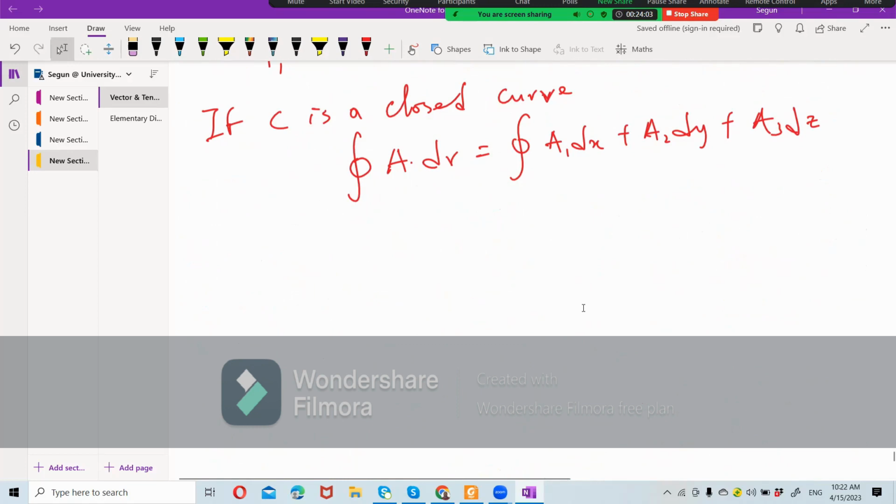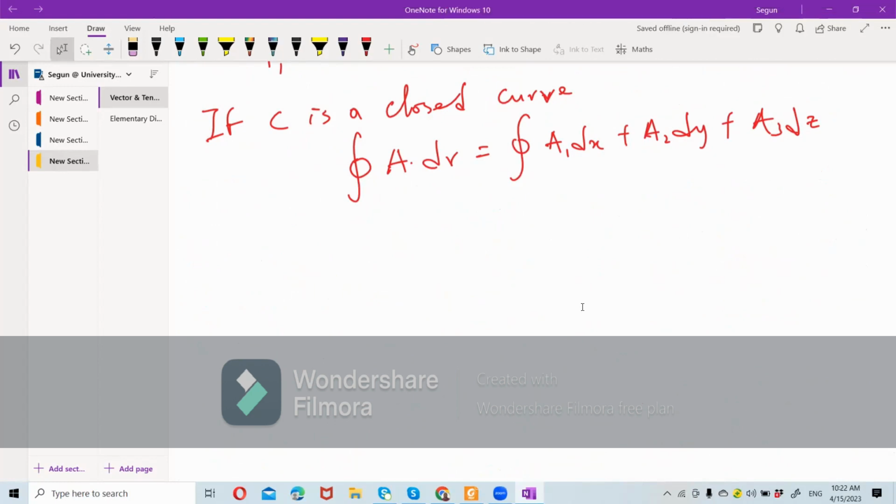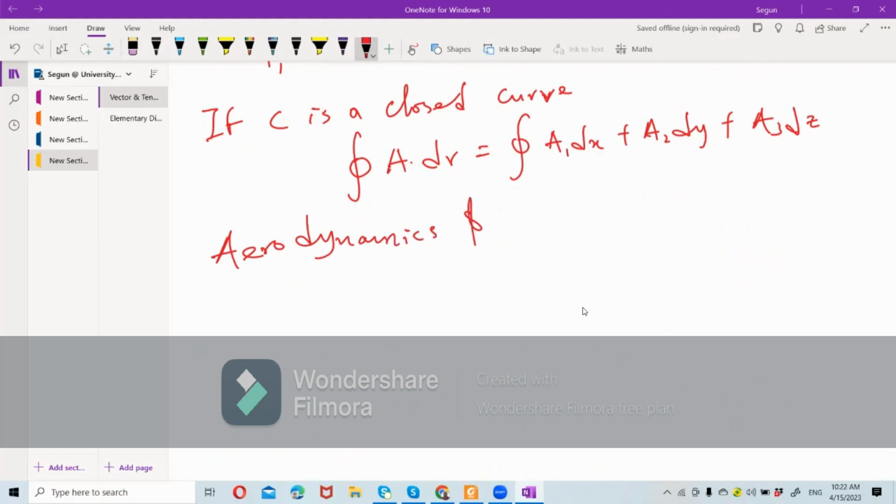So you will not have the components again. I just told you where you can apply it. The application is here in aerodynamics and fluid mechanics.